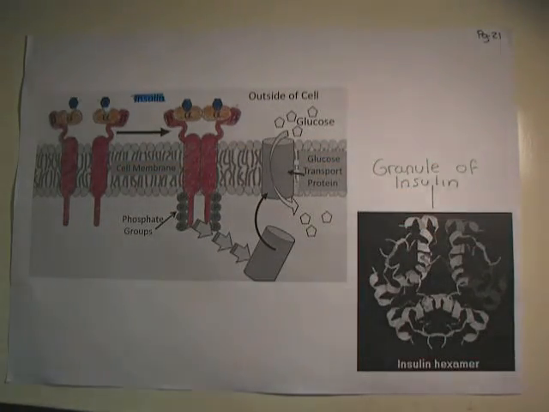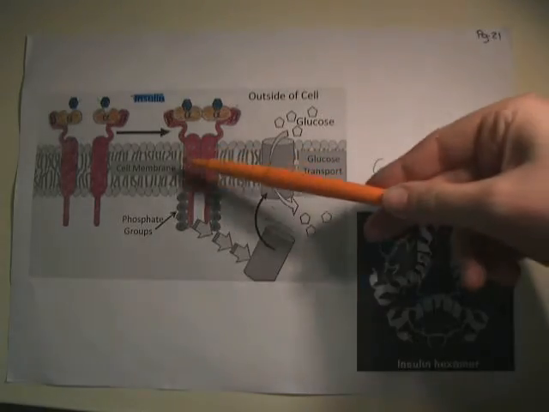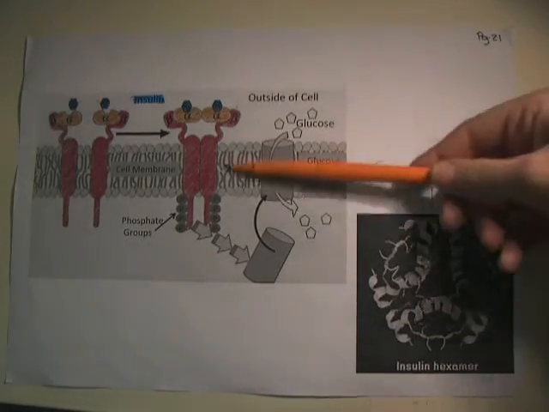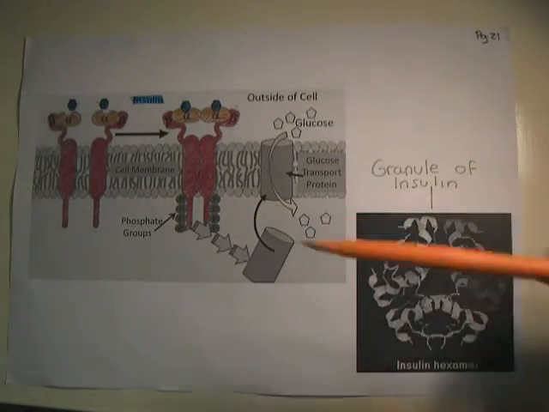The insulin receptors are made up of two alpha subunits and two beta subunits. The alpha subunits are the active sites of insulin. The alpha subunits are outside the cell membrane, while the beta subunits penetrate through the membrane into the cytoplasm.